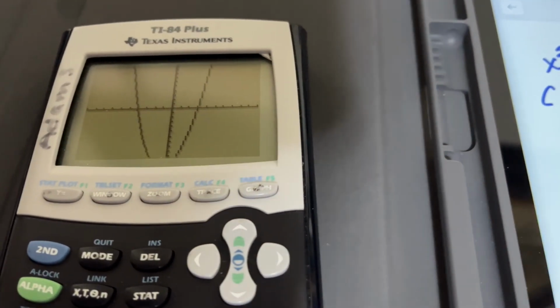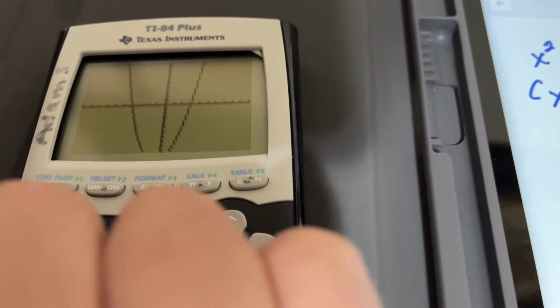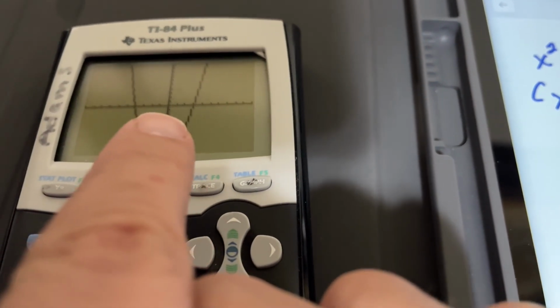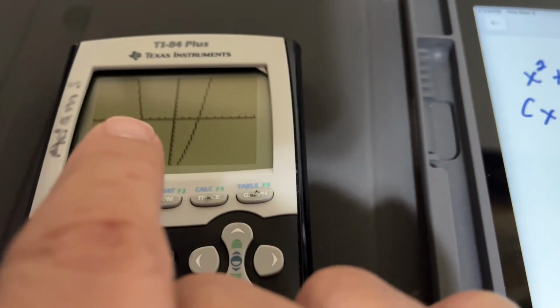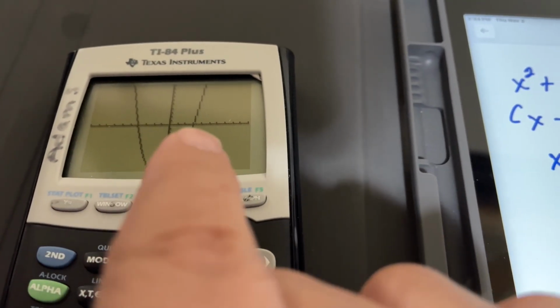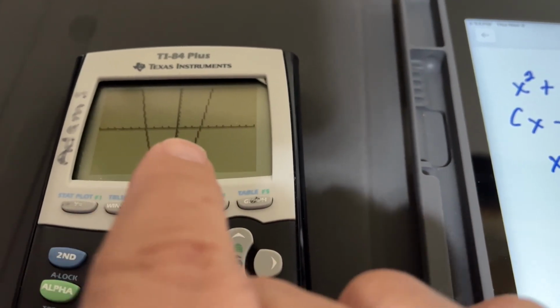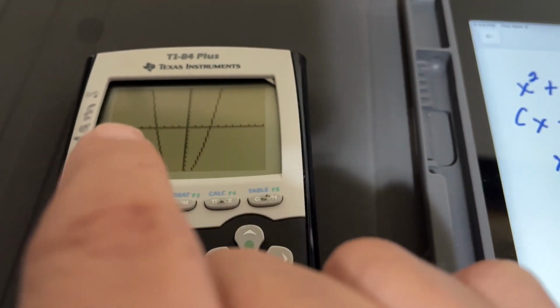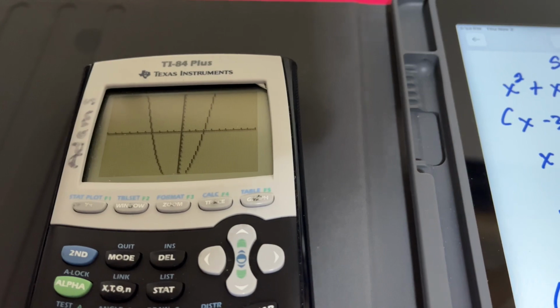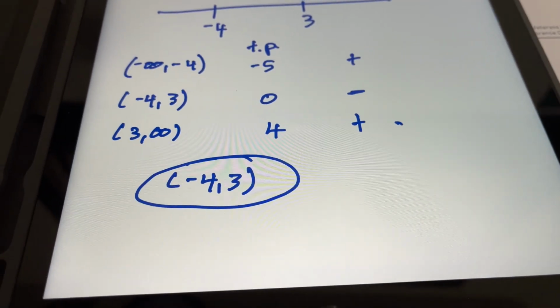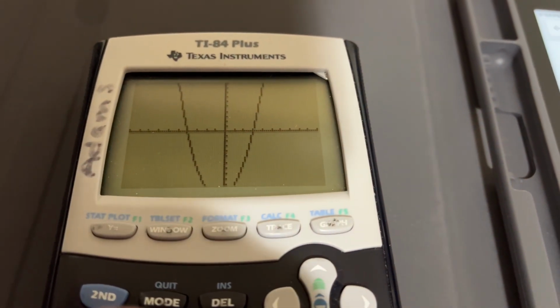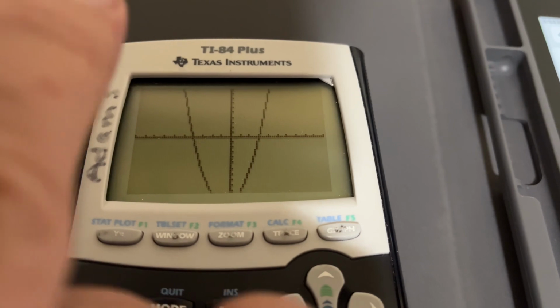Now I want you to focus in here. Look at this. So if you count over here, 1, 2, 3, 4, 4 to the left and 3 to the right, and the graph is below the x-axis in that range, and it's above the x-axis up there on the outside. So that is what's going on here when we say that the answer is from -4 to 3, because on the graph, it's below the x-axis.